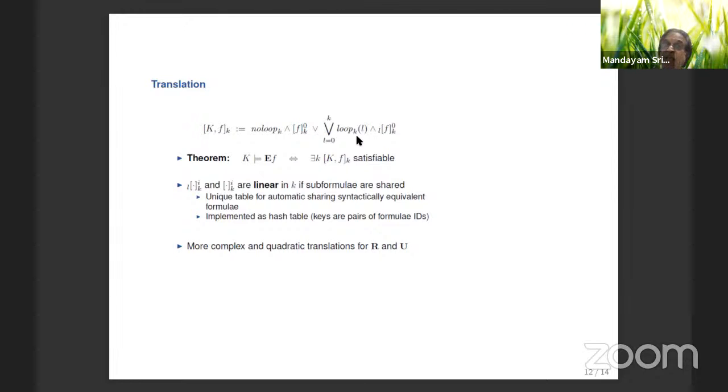In that sense, it is generating for the whole set of infinite paths represented by the several different possible lassos that exist in the K prefix, the K-long path. Okay, so that's why it's a big disjunction here. And for each of those, you're doing the translation.